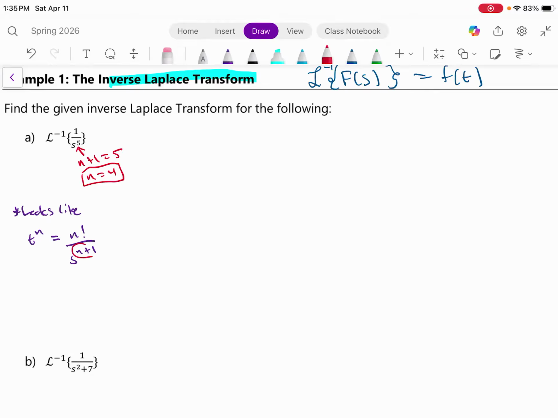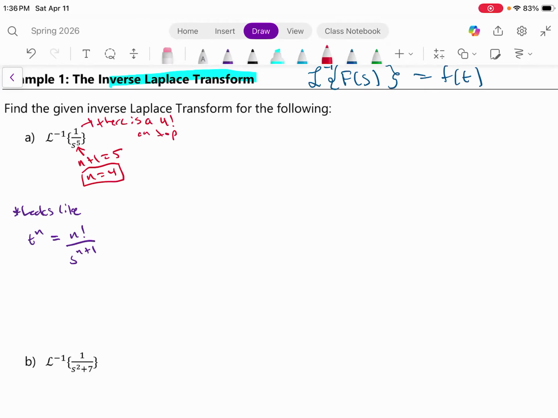That's where we're getting this from. But if that's the case, then I'm going to need an n factorial on top.